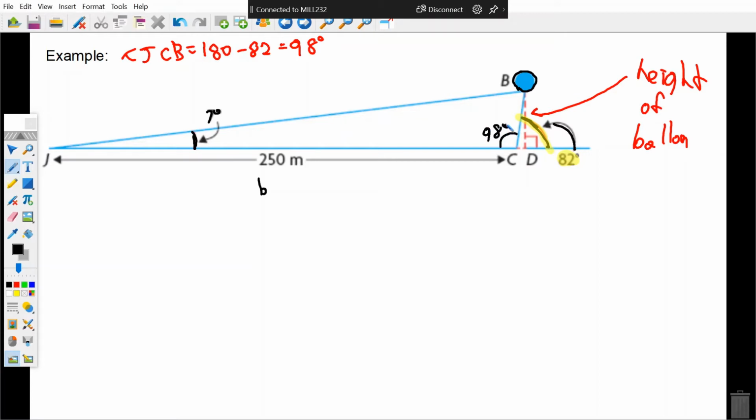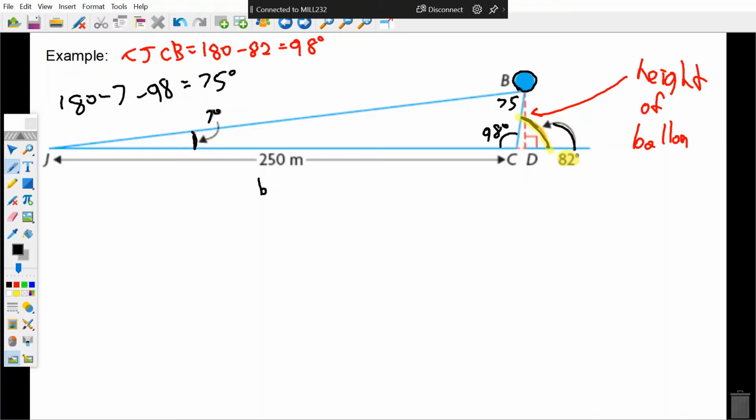Now we can see in our triangle that we have two angles, right? This one is 7 and this one is 98, so we can find the measure of angle B. So now I can go 180 for the triangle minus 7 and 98, which are my two given angles. And that means that angle B is 75 degrees.